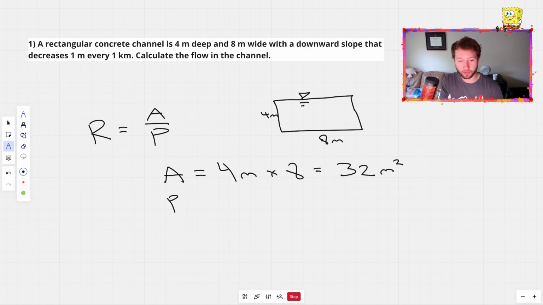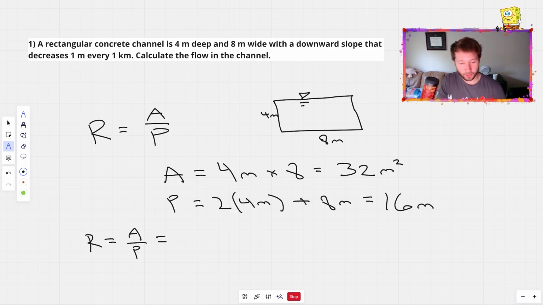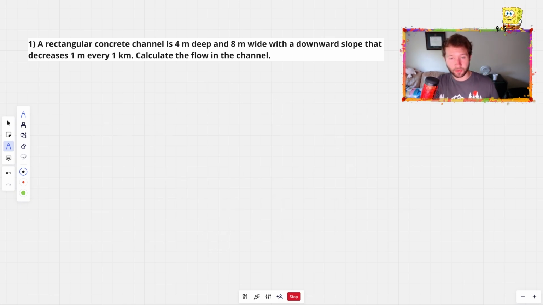And then for the wetted perimeter, we got two sides that are 4 meters, so we'll do 2 times 4 meters plus 8 meters, which gives us 16 meters. So then our hydraulic radius is just going to be equal to 32 meters squared over 16 meters, which will be 2 meters.